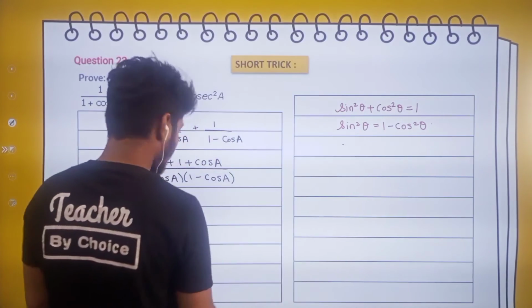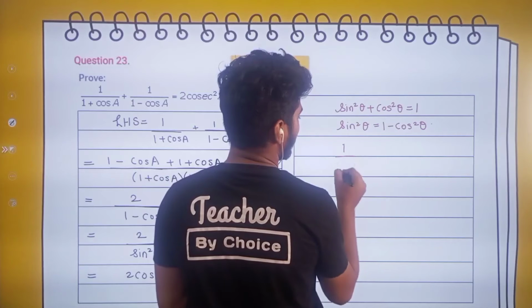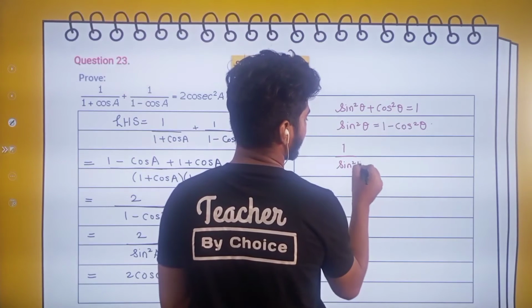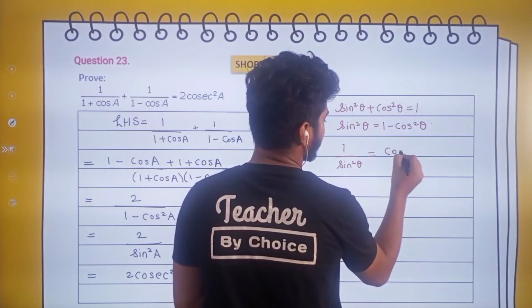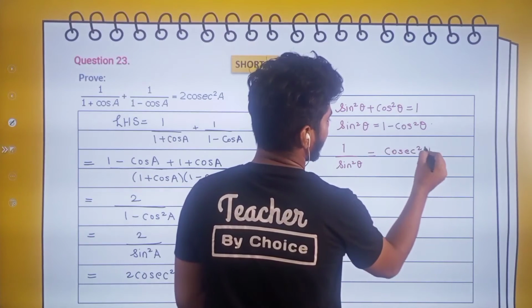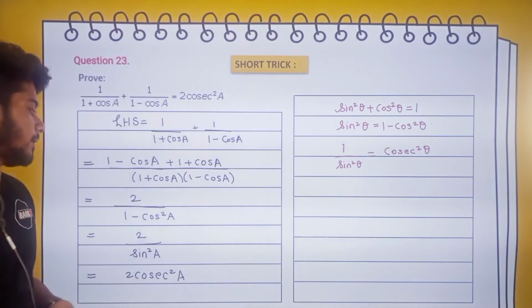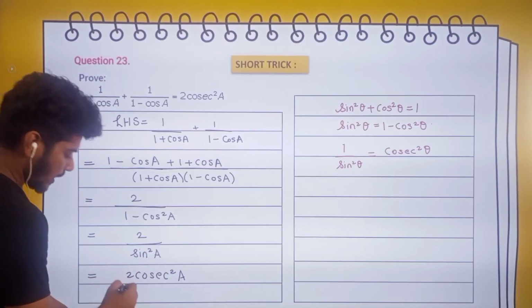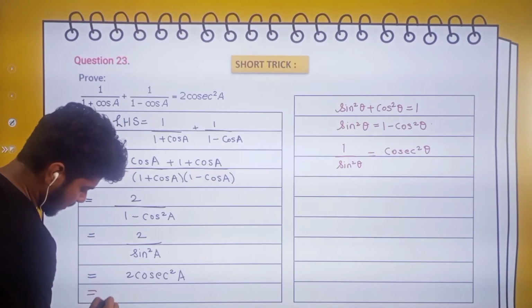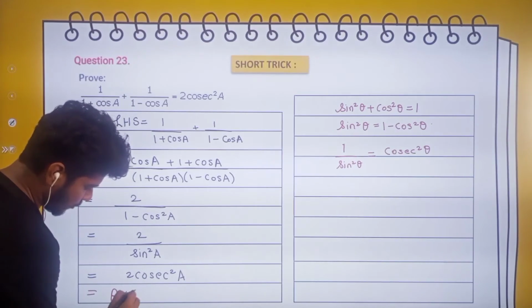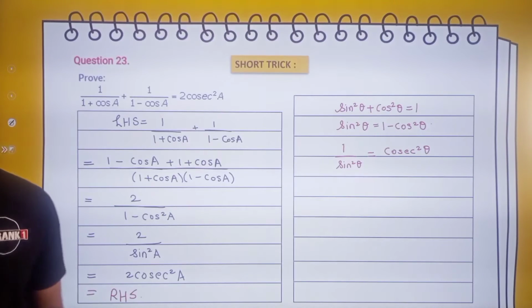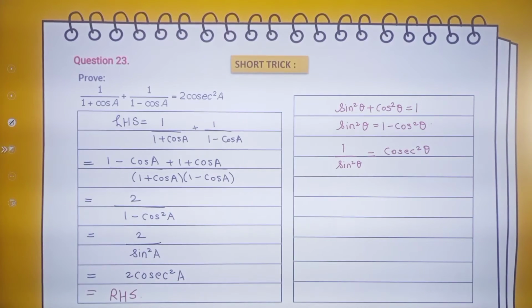What have we used over here? 1 by sin square A, 1 by sin square theta is equal to cosec square theta. I hope you understood. This was the easiest sum, which is equal to your RHS. I hope you understood the sum well. Quickly copy. Take the screenshot. Then we can move to the next sum.